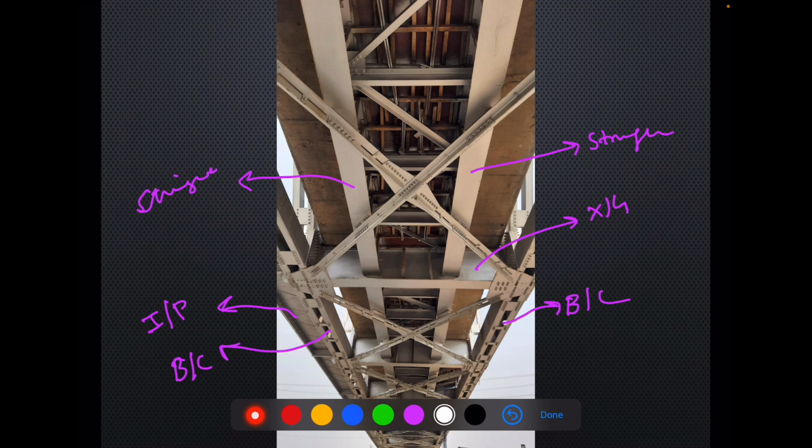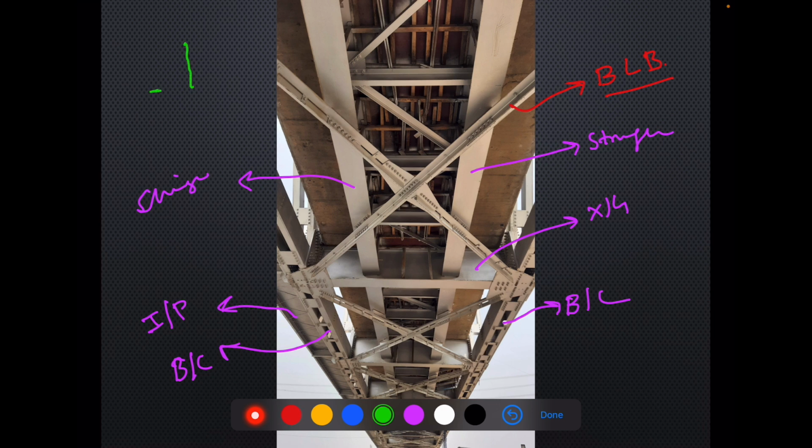So what else is visible? The two stringers are connected with the help of ISMC or channel sections, like this, like this, like this. And again, these are connected with the help of angles as bracings. So this is a kind of connection arrangement between the two stringers. What else is visible? Yes, the bottom lateral bracing is also visible. Bottom lateral bracing is having a star section.